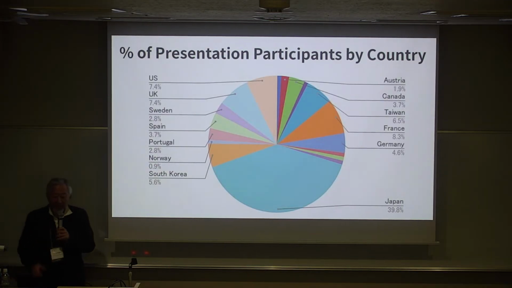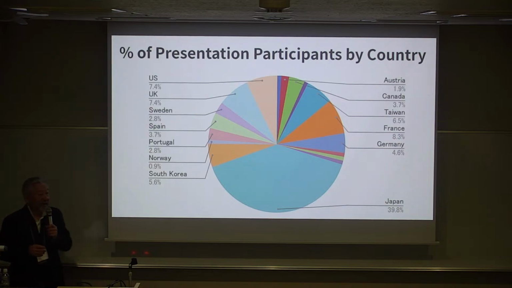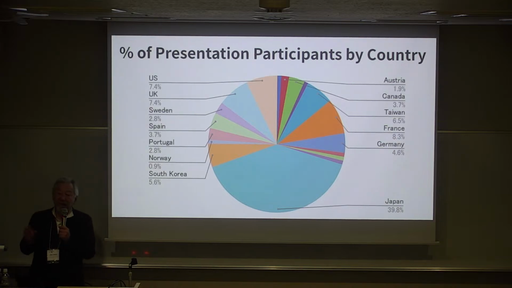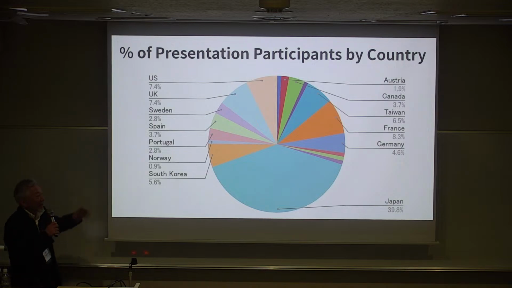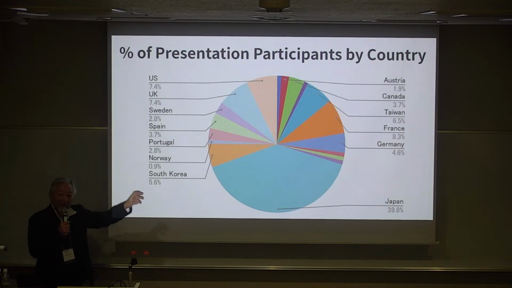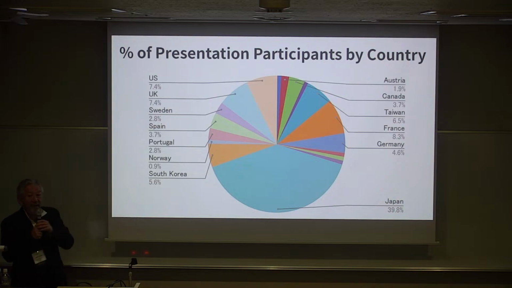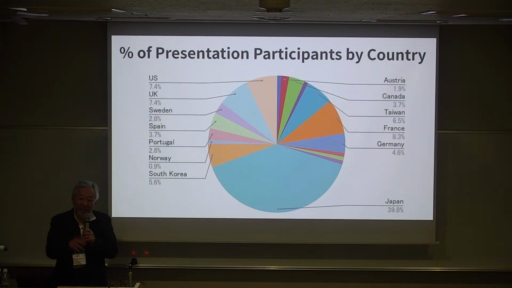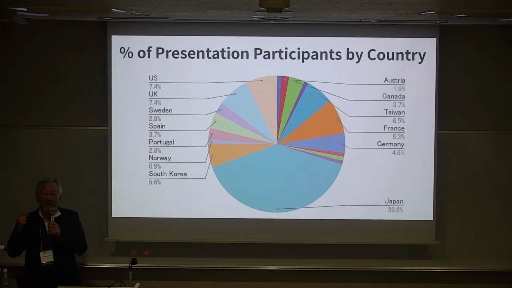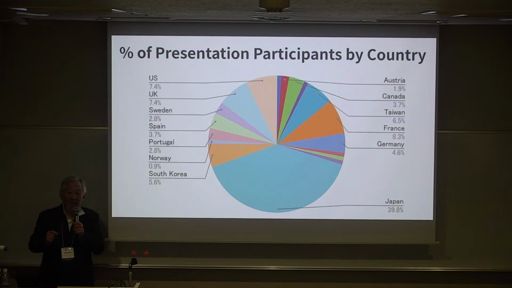Some statistics I will show you. The general tendency has not been changed from the graph I showed on the very first day of the opening session, but a little bit of the numbers has been changed.